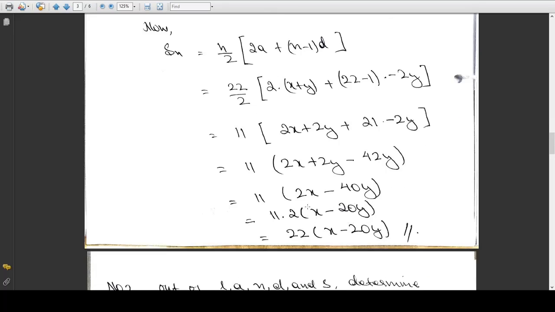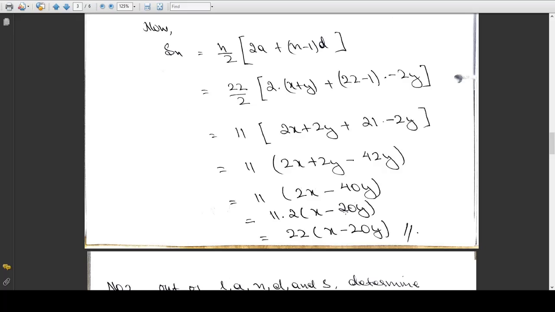This and this you have taken together, 40y. Then here 2 and 40, 2 is common, 2 1s are 2, 2 20s are 40. Again you take 2 as common. Here inside the bracket you will get x, 2 divided by 2 is 1, 2 multiplied by 1 is 2.